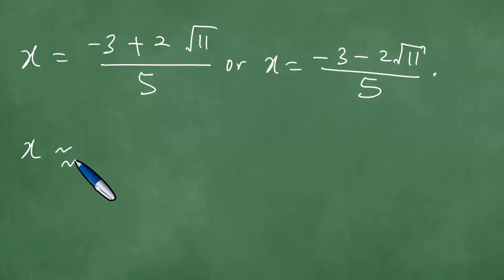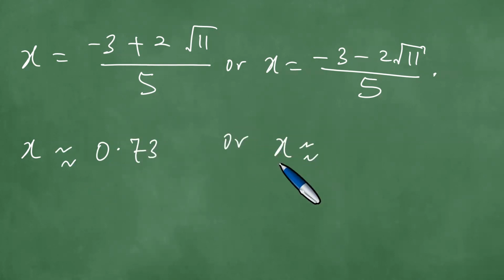The first one is 0.73 to 2 decimal places, or x is approximately minus 1.93. Good. So these are just warm-up exercises. We're yet to get into serious business.